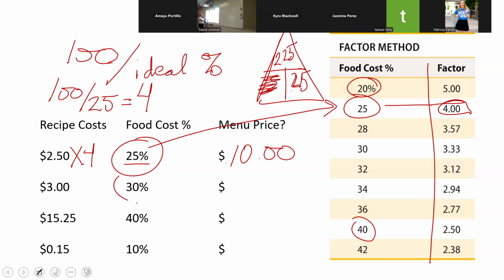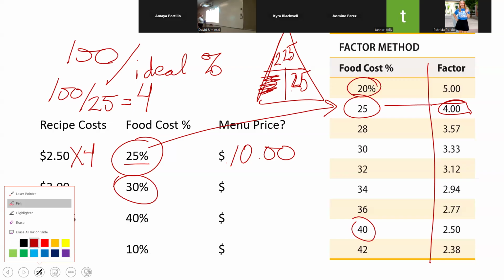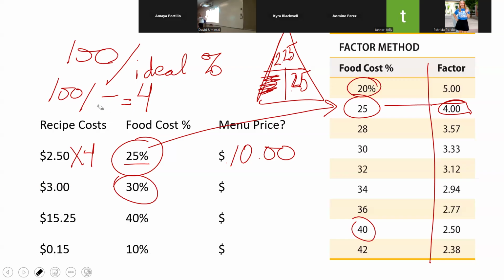If we're looking for a 30%, what is 100 divided by 30? 3.33 repeating, right? Forever.